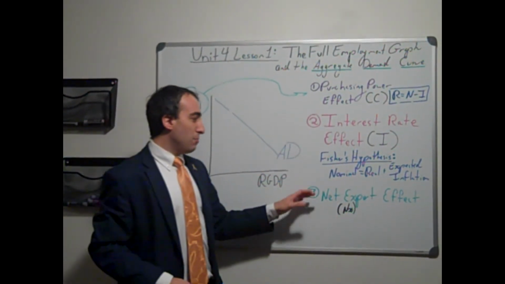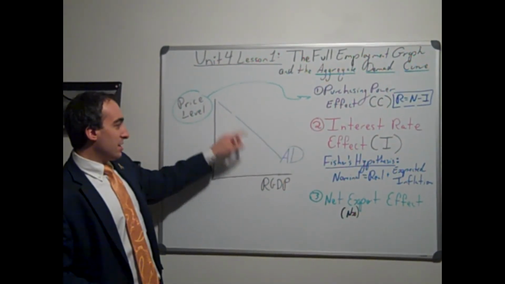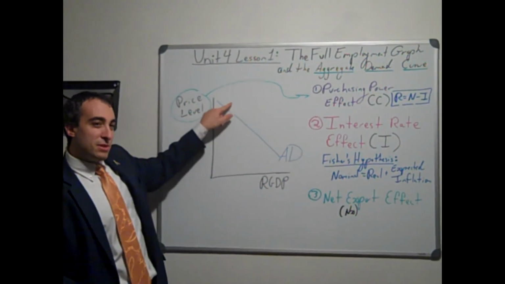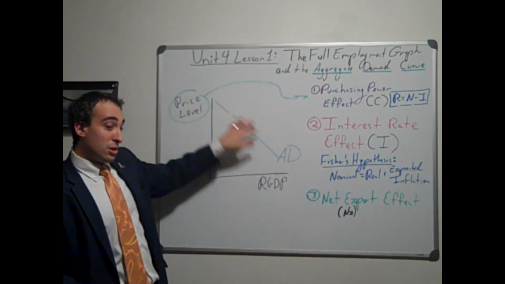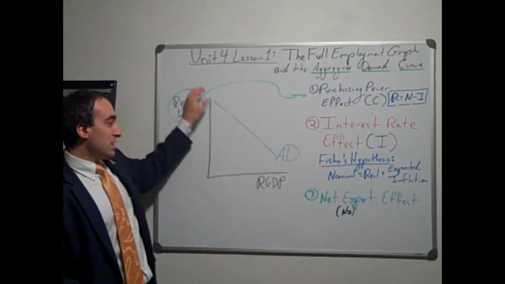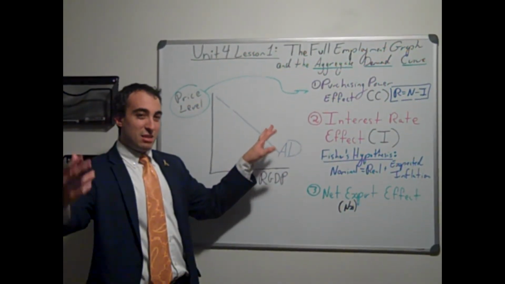And the third reason why, so we're going to see aggregate demand, a movement along the curve of the aggregate demand curve. Everything's staying along the curve. Price level is increasing, so same rules as demand.